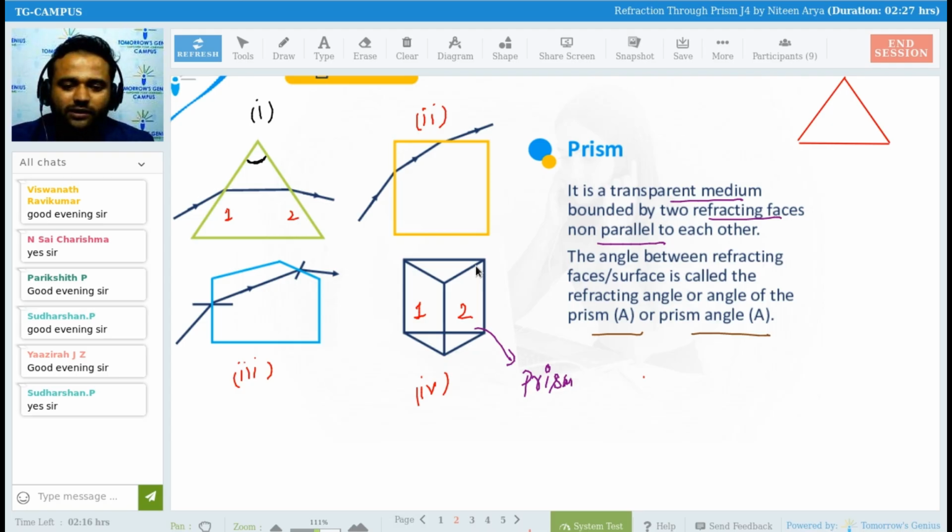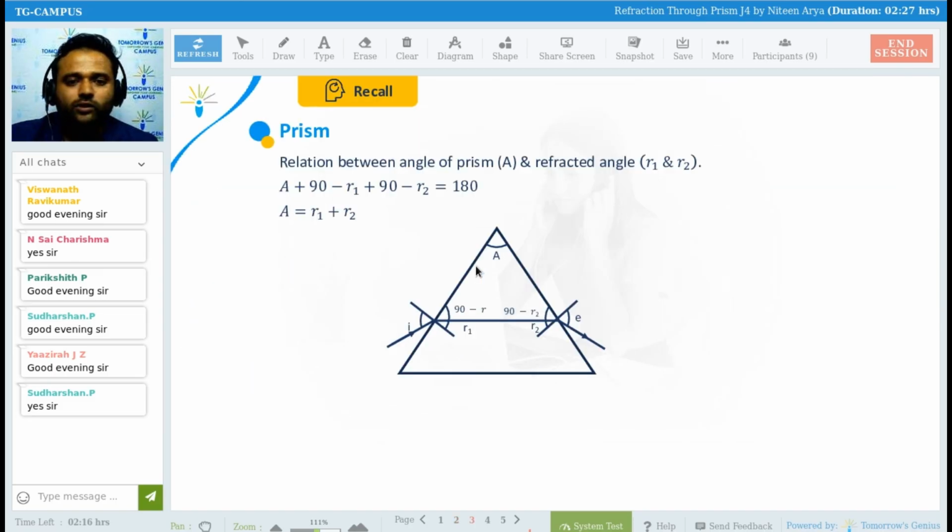Is this clear till now? Basic. Now this is the relation with the angle of prism A. In this particular lecture, most of the things you are going to see are direct, and these direct concepts are going to be asked directly, without any extra language.